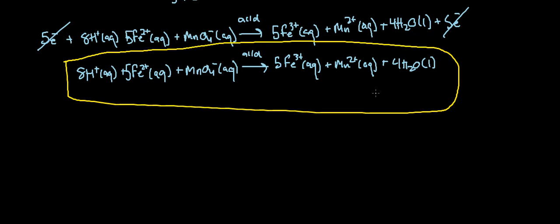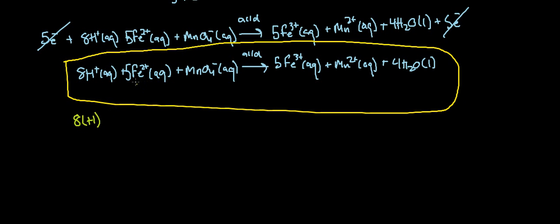But that is not quite enough, because in oxidation-reduction reactions there is a transfer of electrons. So I need to make sure that the charges of both sides are equal. So here I have 8H plus, which is 8 times plus 1.